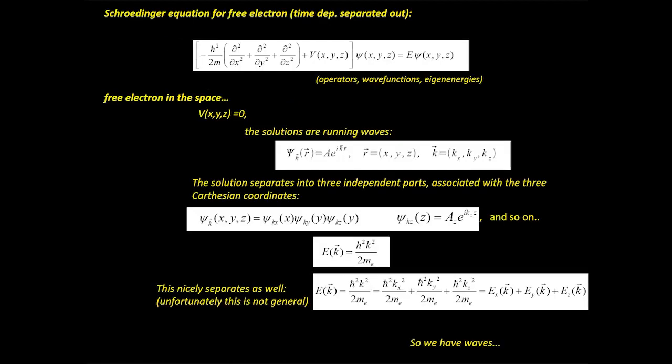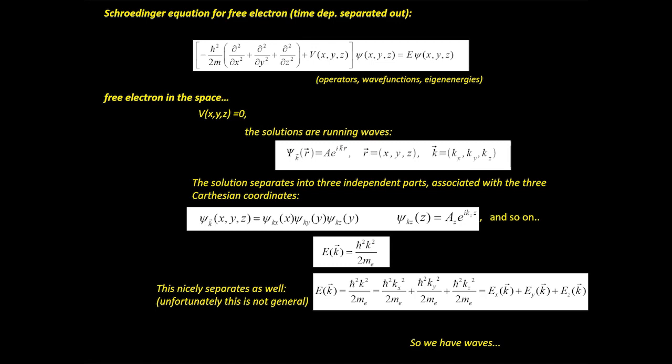And then, this may be the simple classical intuition you have, or you go through the quantum description, then you write the Schrödinger equation for the same situation. So this is for the free electron, and this is the Schrödinger equation with time separated out, so you don't see the time, but this is trivial. I mean, it is relevant, but not written here. And then you solve this equation in free space.